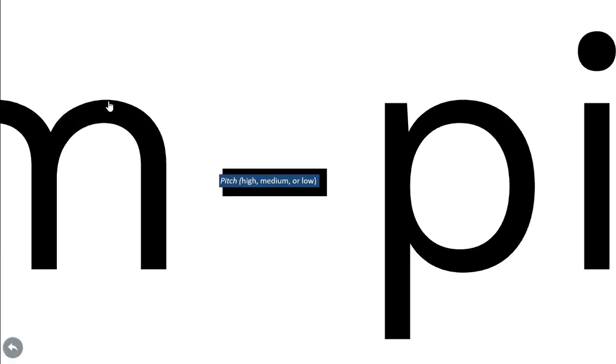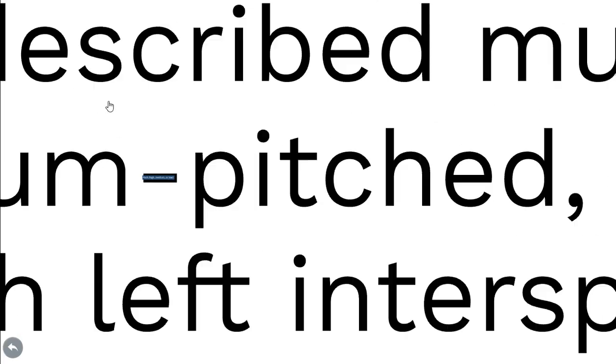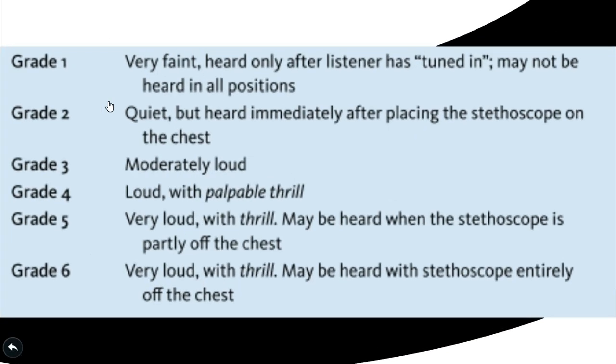Next is the grading. The patient's grading is grade 3/6. If it is grade 1, it's very faint. You have to tune in. Grade 2, it's quiet, but heard immediately after placing the stethoscope. Grade 3 is moderately loud. Grade 4 is loud, and there is a palpable thrill.